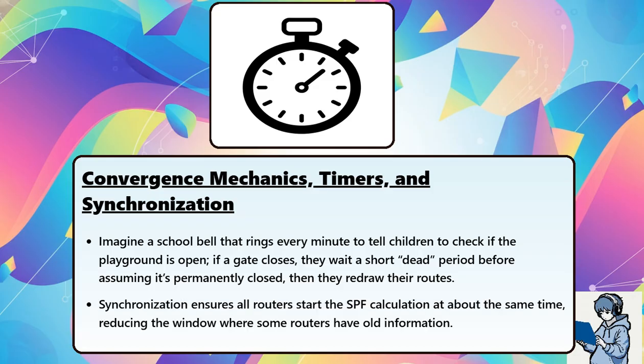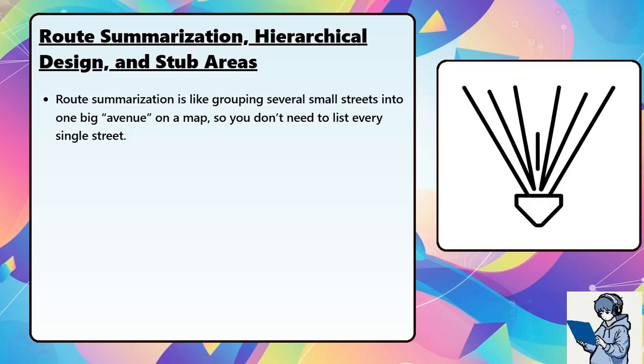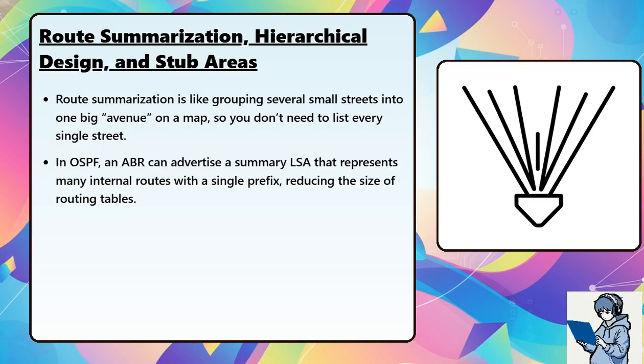Synchronization ensures all routers start the SPF calculation at about the same time, reducing the window where some routers have old information. Route summarization is like grouping several small streets into one big avenue on a map, so you don't need to list every single street. In OSPF, an ABR can advertise a summary LSA that represents many internal routes with a single prefix, reducing the size of routing tables.